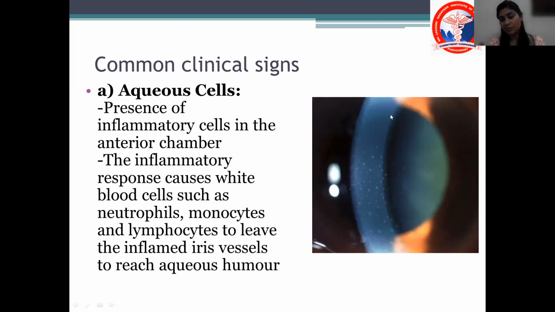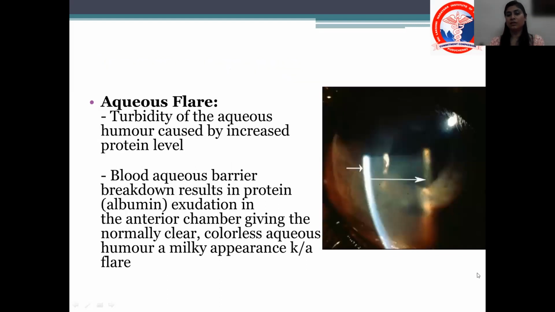This is a slit lamp picture of the anterior chamber. We can see white deposits present, which can be seen as aqueous cells. The aqueous flare is the turbidity of the aqueous humor caused by an increase in the protein level.